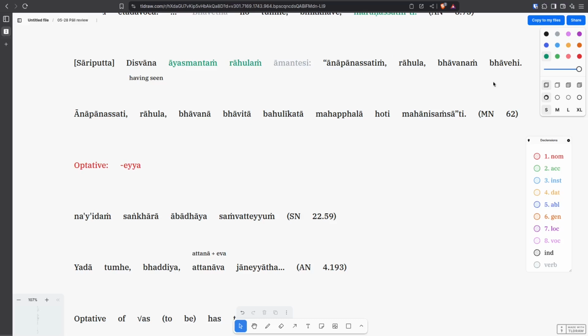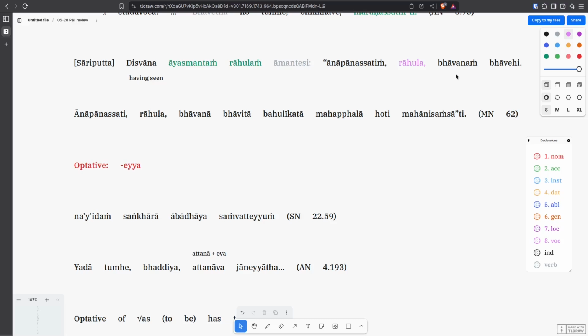Anapanasatim Rahula bhavanam bhavehi. Vocative Rahula, you should develop, cultivate what is like meditation on mindfulness of breathing.